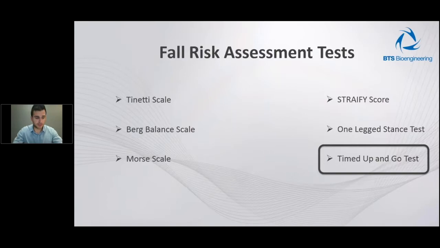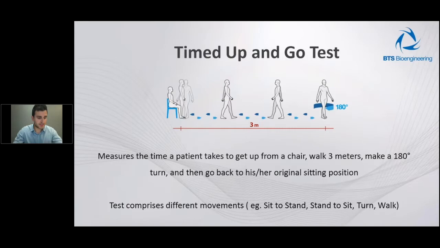What is the Timed Up and Go test? The Timed Up and Go is a test that measures, by using a stopwatch, the total time required for the patient to get up from a chair, walk a few meters, make a turn, and go back to the original sitting position.